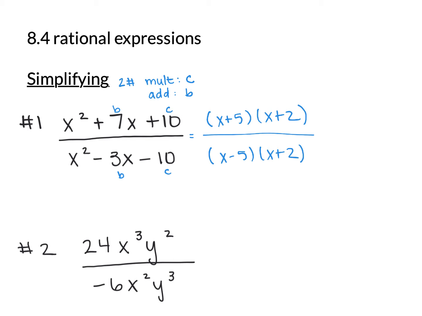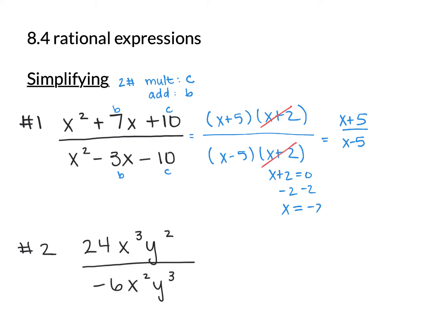All right, we will go into the simplification process, and you can see here that we can cancel out that x plus 2 on the numerator and denominator. We will be left with x plus 5 over x minus 5. Now, we're not quite done because we have to talk about restrictions. And so even though we canceled out that x plus 2, we still need to set that equal to 0 and solve it out.